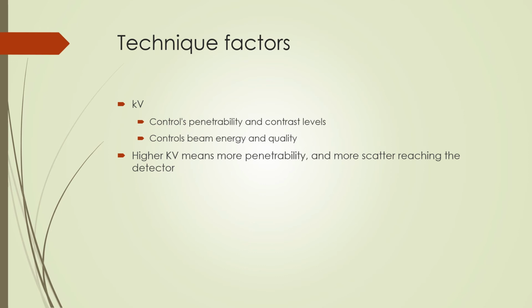When, for example, 80 kV is selected, that means the X-rays produced would have a spectrum of energies ranging from 0 to 80 keV. Also remember that because of the Compton interaction, higher kVs lead to more scatter relative to photoelectric absorption.